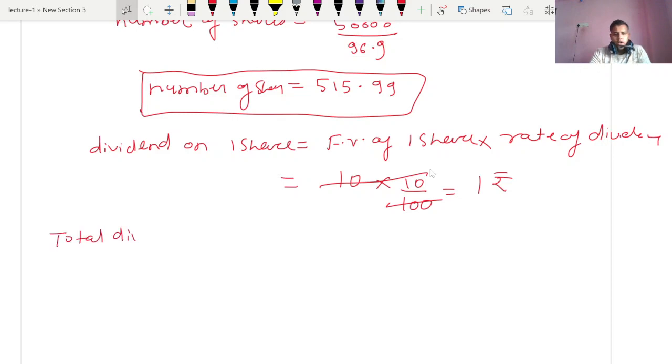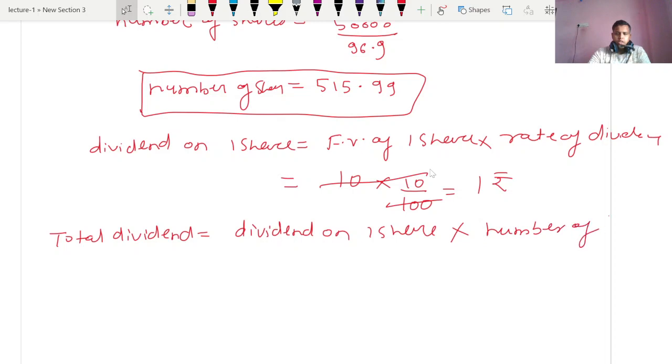Total dividend will be dividend on one share multiplied by number of shares, correct? So dividend on one share is 1, into number of shares, 515.99, which is equal to 515.99 rupees.